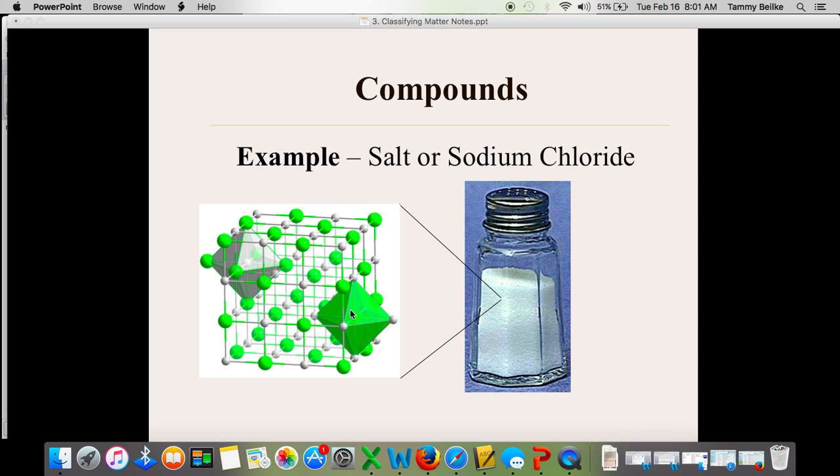You look at this green chlorine in the middle, it's touching 6 other sodium atoms. So each of those atoms is actually bonded to a whole bunch of other atoms. And that's why it's so stable. It's why it's going to sit on your shelf for 20, 30, 50, 100,000 years, and it's not going to change its chemical formula.